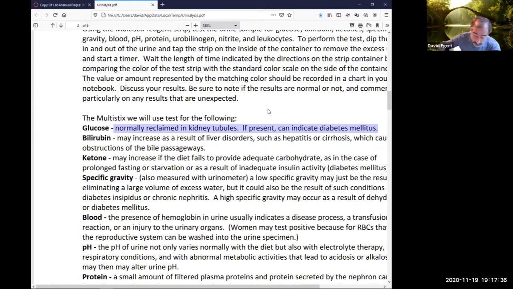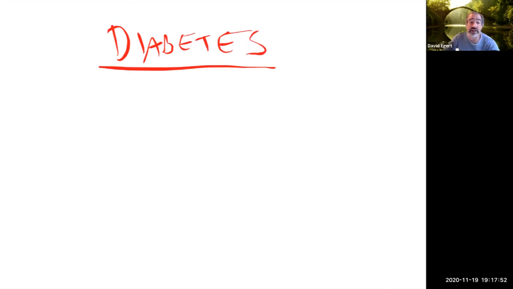I should probably put this as diabetes. There are actually different things with the same name. There's diabetes insipidus. This is something else.